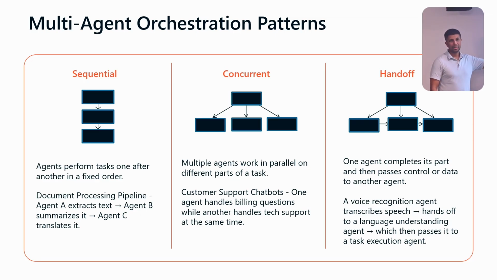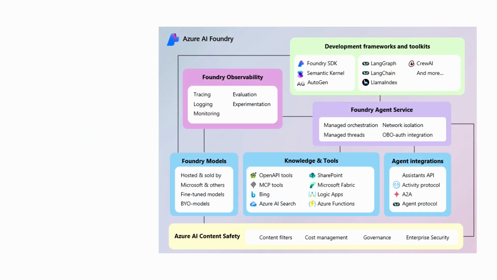Agent A is good at extracting the text from PDFs or other sources, agent B can summarize it, and agent C can translate it into a different language. Similarly, you have concurrent, where agents can be orchestrated to run in parallel. And handoff is where an agent decides to hand off to another agent if it's not able to execute that task. So there are different patterns.